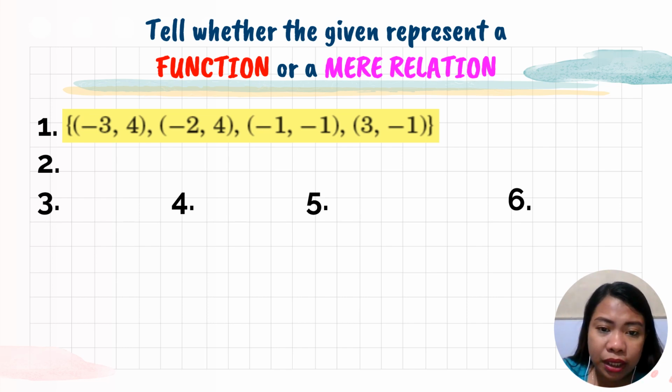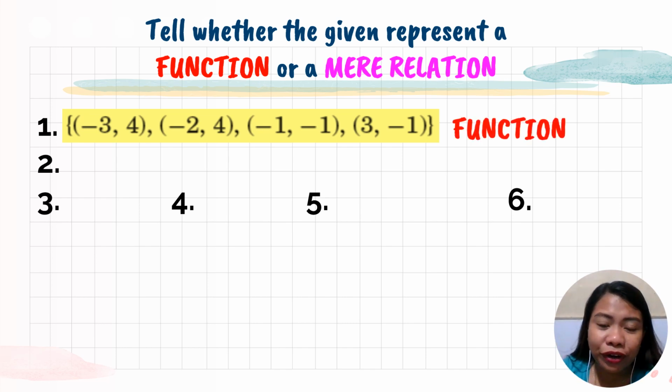So what do you think is that? A function or a relation? That is nice. So that is a function. Although the 4 here of y is repeated, the domain is not, so it is a function.